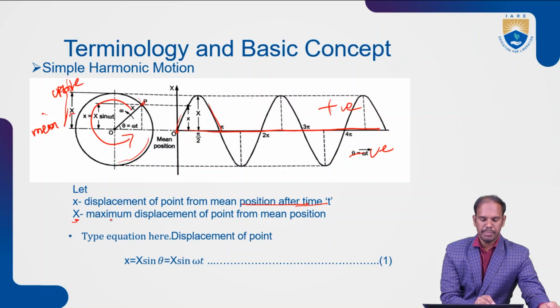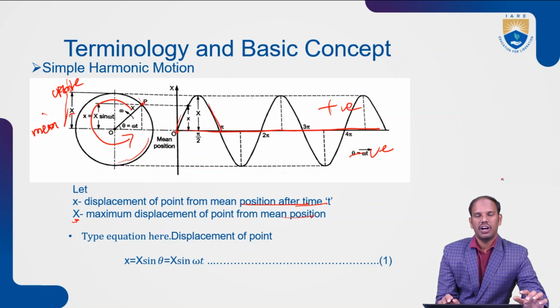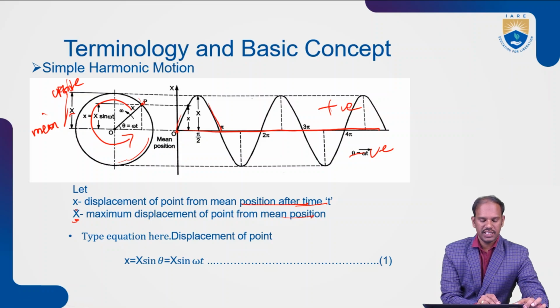Okay, capital X is the maximum displacement of the point from the mean position. Okay, the maximum point from this mean position. And x is the displacement of the point from the mean position with time.